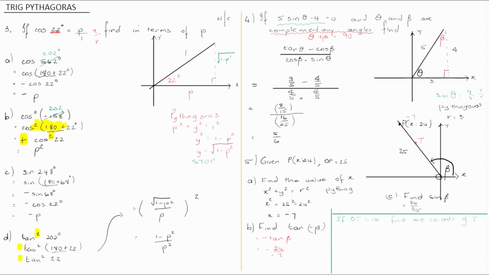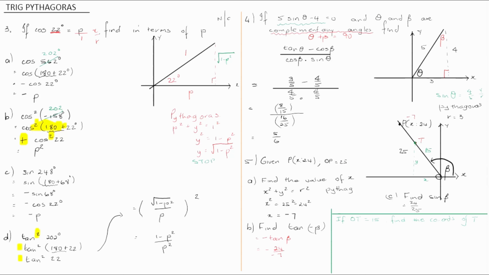Right, and now for the interesting ending. I'm sorry I'm having to squash it into the corner here. It says if OT is now 15, then they want us to find the coordinates of T. Right, so I'm going to drop down a perpendicular, and I'm going to call that X, and I'm going to call that Y, and I'm now going to start again using those values.